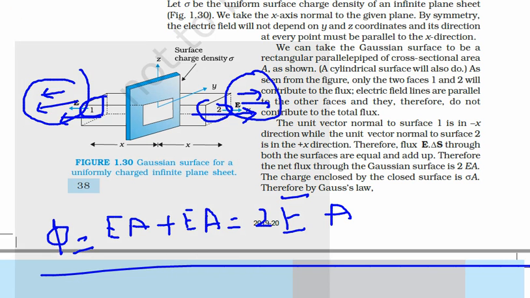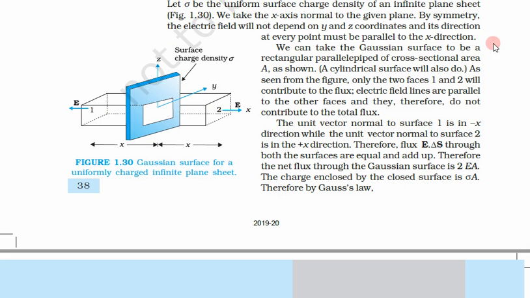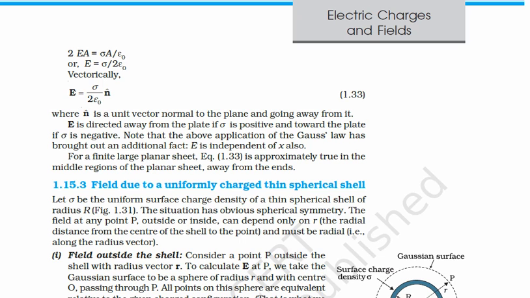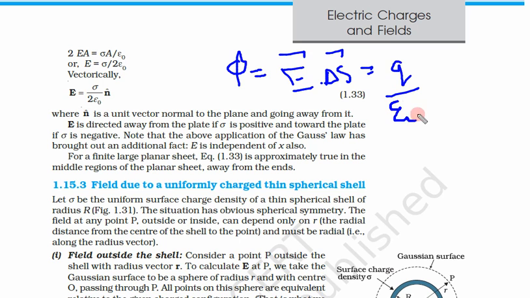Now let us apply the Gauss law to this condition. As we apply, phi is equal to the integral of E dot delta S, which is equal to charge enclosed upon epsilon naught.